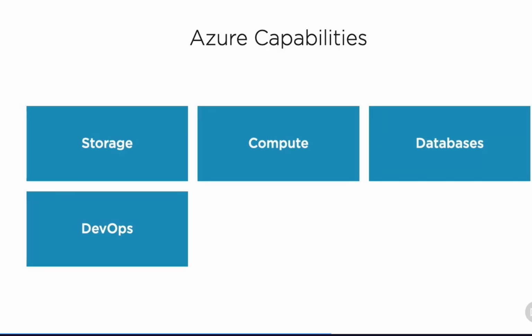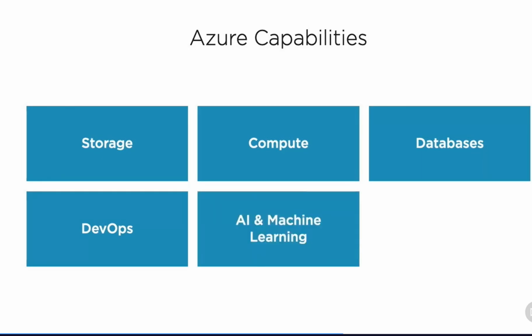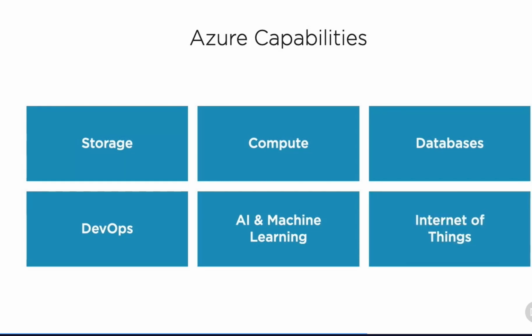And maybe you're more interested in some advanced insights out of your data, and you want to look at the AI and machine learning capabilities that are provided. Maybe you want to deploy devices that have sensors that can gather data for you all around the world, and you're interested in the Internet of Things capabilities with IoT Central and IoT Hub.